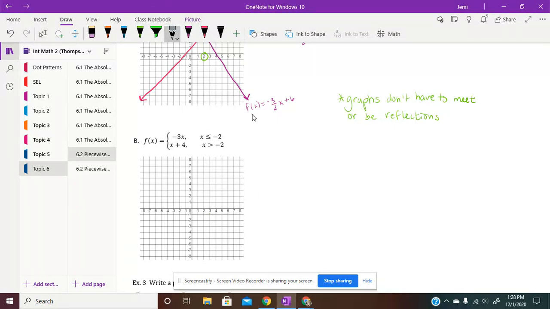Okay, so I'm going to graph each one of them again. So f of x equals negative 3x. Slope is negative 3. Y-intercept is 0. Negative 3 over 1, if you will.